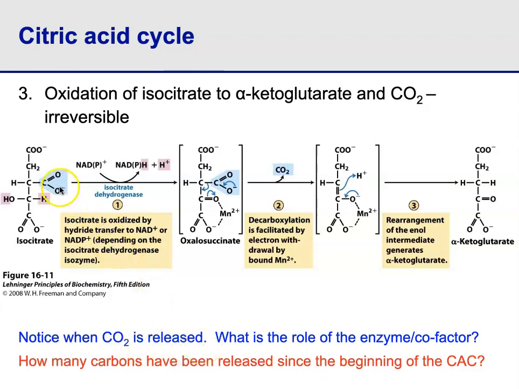Could it be released right here? Technically speaking, I guess it can, but it doesn't happen. The molecule is pretty stable. But first, what's the likelihood of pulling these hydrogens out of this carbon and oxygen and loading the electron pair onto NAD+? But indeed that's what happens.